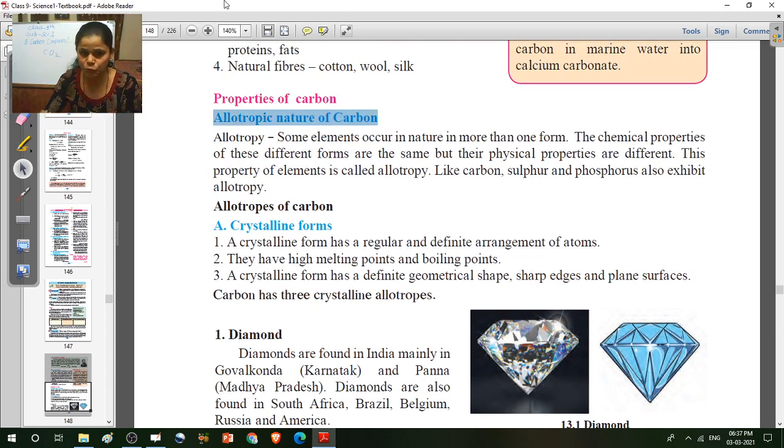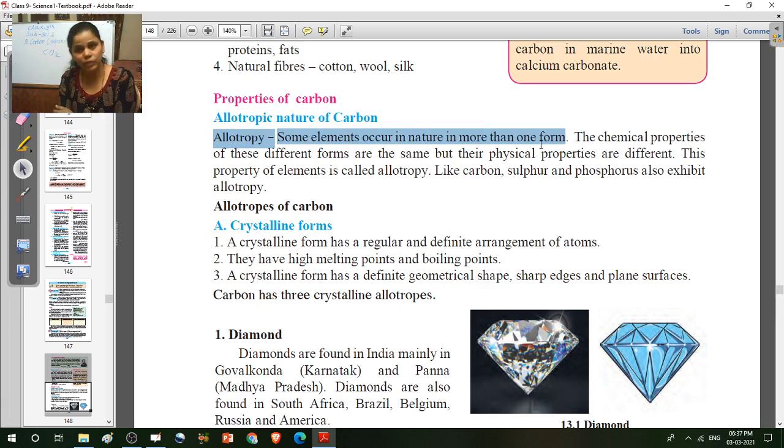What is allotropy? Allotropic nature means some elements occur in nature in more than one form. That means carbon occurs in nature in more than one form. How?